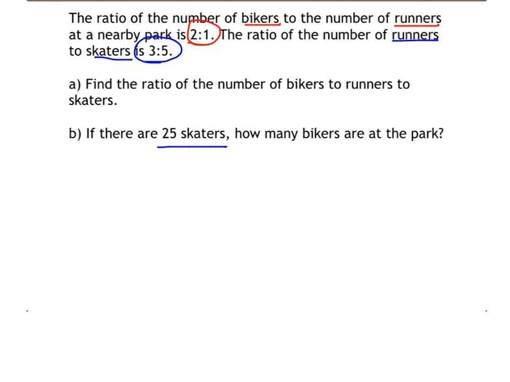Find the ratio of the number of bikers to runners to skaters. Okay, if we go back and start to model this, we know, using B for bikers, that the ratio of bikers to runners we circled in red was 2 to 1. So I'm going to make a unit bar for bikers, and I'm going to divide it into two parts.